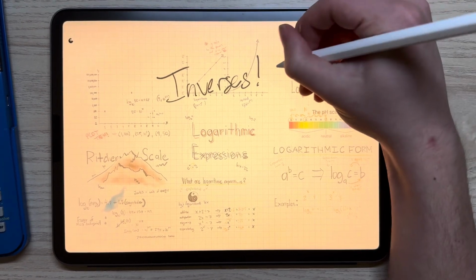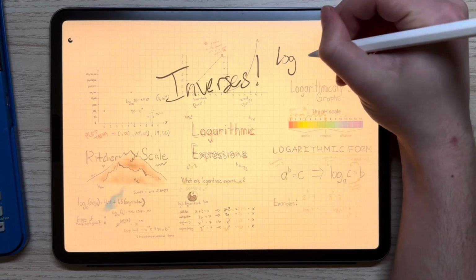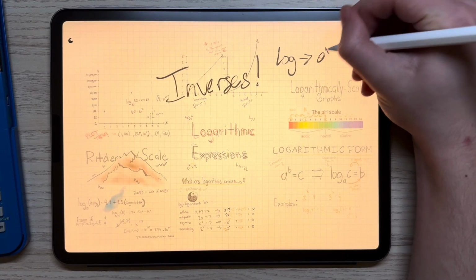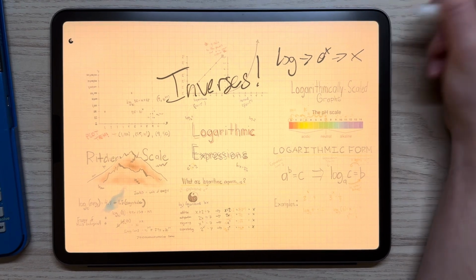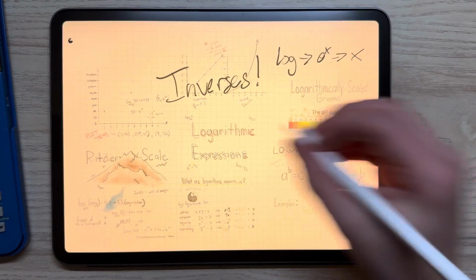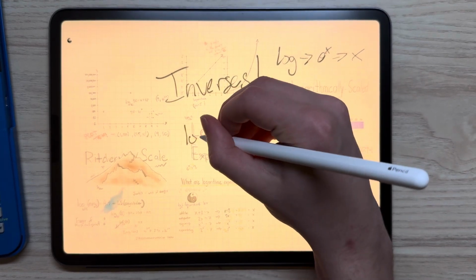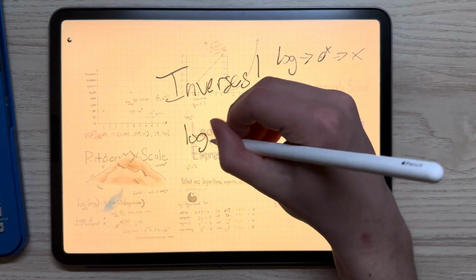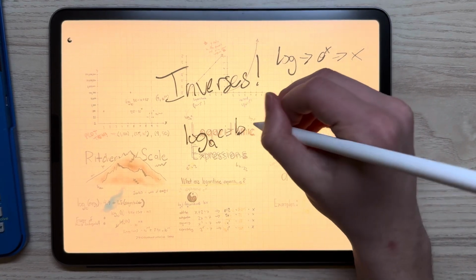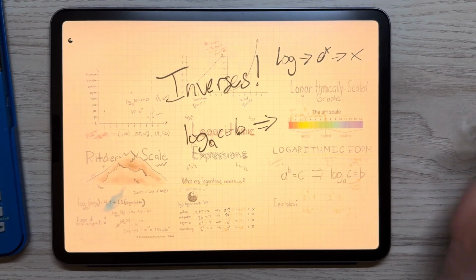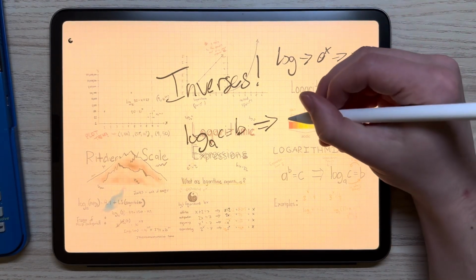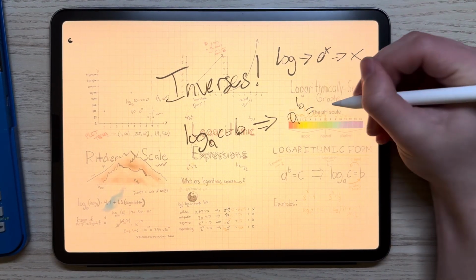So if you do one, and then you do the other, then you get back what you started with. We also learned how to write logarithms, and we did some examples of converting things to exponential or logarithm form and vice versa.